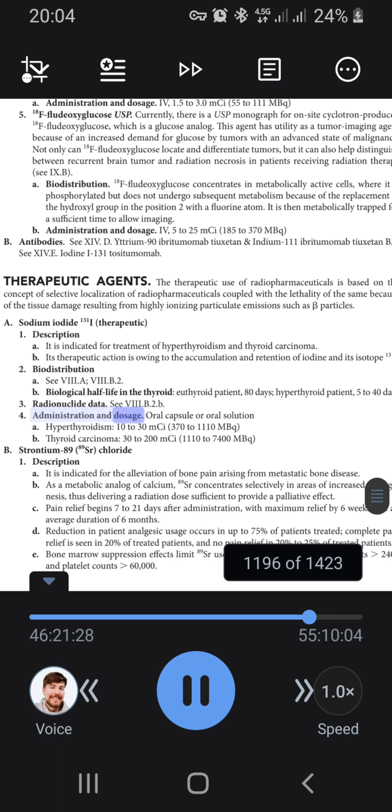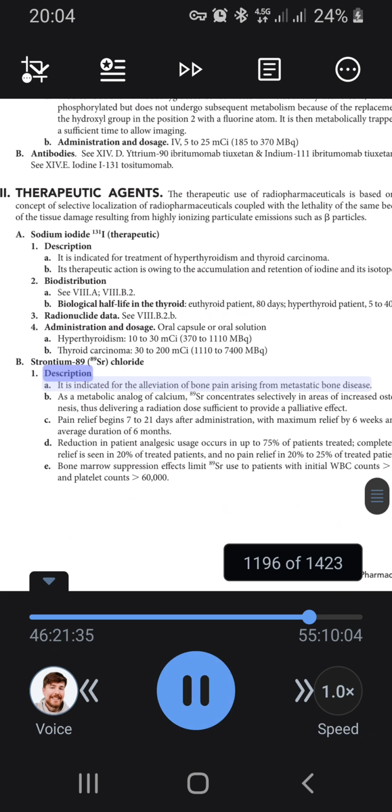Administration and dosage. Oral capsule or oral solution. A. Hyperthyroidism, 10 to 30 mCi, 370 to 1,110 MBq. B. Thyroid carcinoma, 30 to 200 mCi, up to 7,400 MBq.